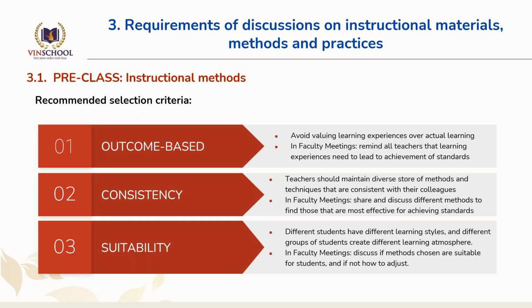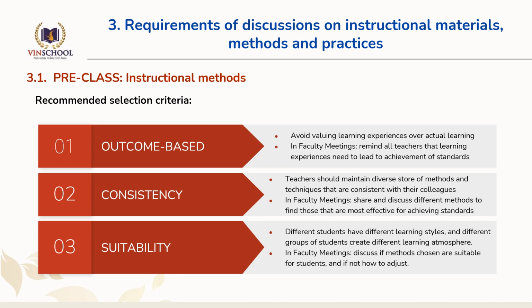The above sets of criteria, though both informative and comprehensive, might be too much for the busy practicing teacher. With a view of developing standard-based learning, we have condensed these considerations into three main factors that should be chiefly considered when discussing instructional methods in faculty meetings.